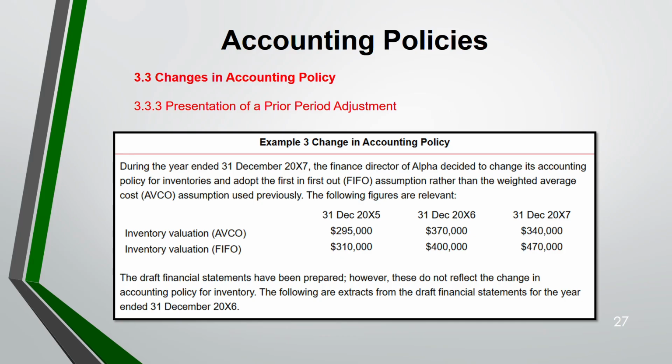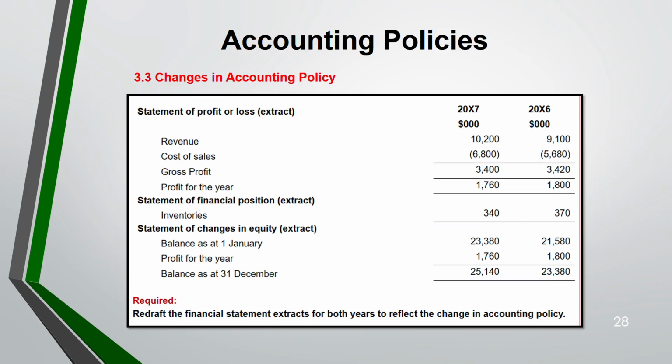So the extracts from 31st December 2006 they have given. These are the following extracts. You see, only for 2 years they have given, 2006 and 7. For 2005 they haven't given. So this is an extract. In the statement of profit and loss, you have been given revenue, cost, gross profit and profit.